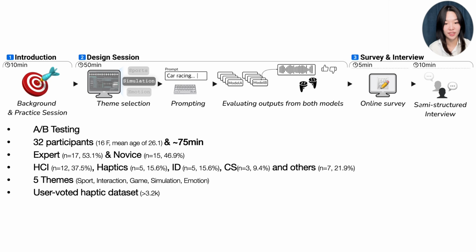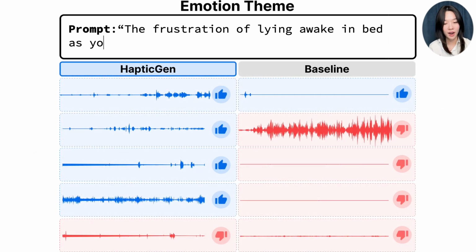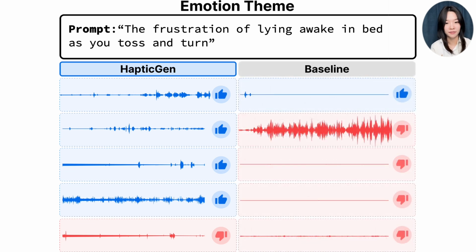For each theme, like emotion, we took an original prompt, for example, here, the frustration of lying awake in bed as you toss and turn, and generated 4 additional variant prompts. This variance actually helped participants explore subtle differences and identify more precise and expressive feedback.